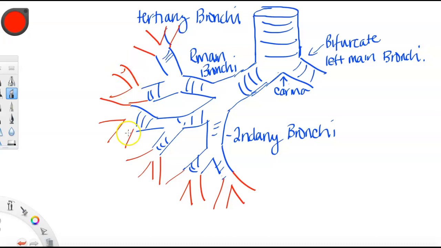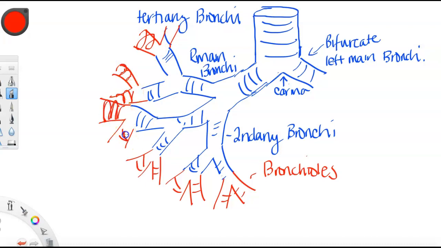And the bronchioles I'm doing in red. Why would I be doing that? Well, the bronchioles are not covered with hyaline cartilage. They are surrounded by smooth muscle, because this is where we get bronchoconstriction and bronchodilation, through the bronchioles.